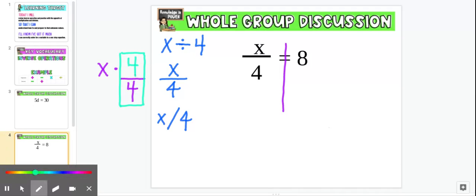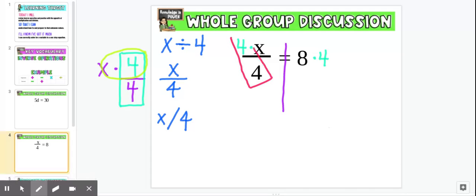So what I am really doing is multiplying both sides by 4. This will create my giant 1, and 1 times x is just x. So x equals 8 times 4, which is 32.